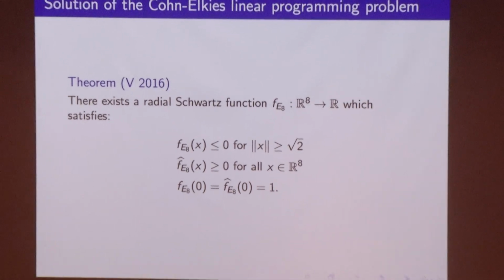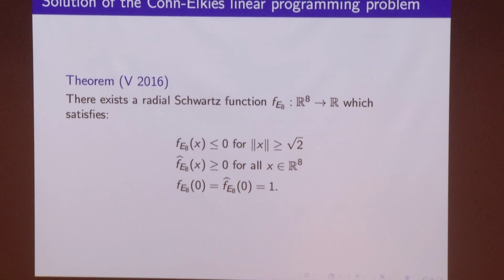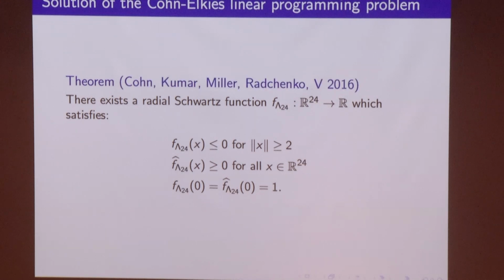A similar result we also proved for dimension 24. We also found a function which satisfies all these three conditions, only here the radius of this ball outside of which our function is non-positive has to be changed.